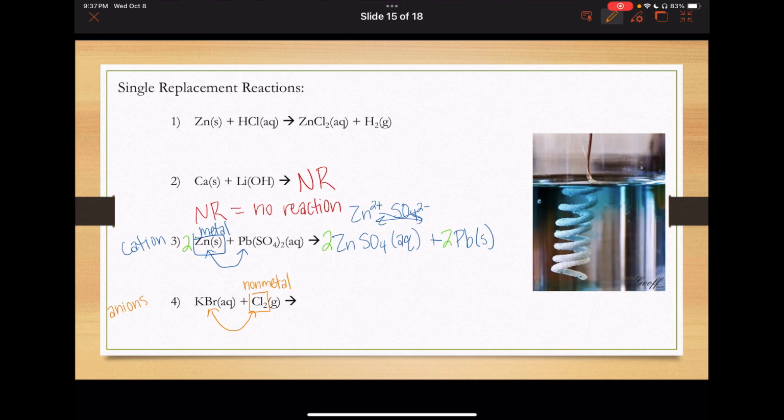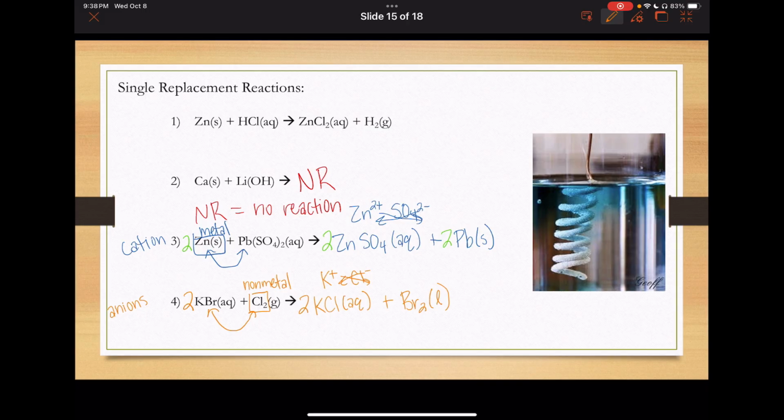To write KCl, it'd be K plus, Cl minus, swap and drop to be KCl, and that is aqueous, plus Br2, and it is a liquid. Then finally, you would have to balance the equation, and you would do so by putting 2's in front of KBr and KCl.